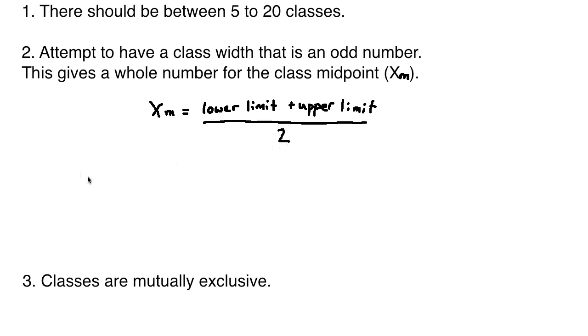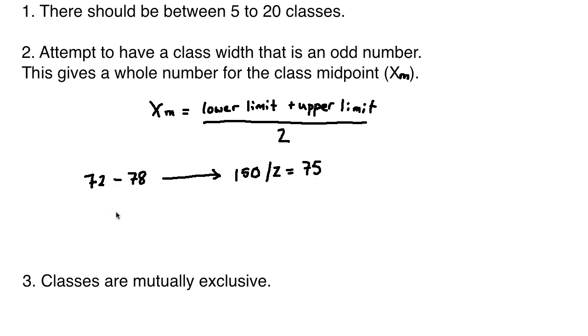All right, so for example, if I have 72 to 78, let's say that that's the class limit that I set up. If I were to add those two together, I would get 150. And if I divide 150 by 2, I'm going to end up with 75 as the midpoint.